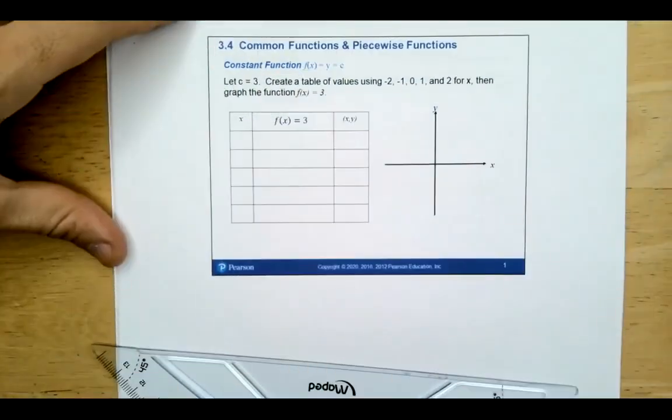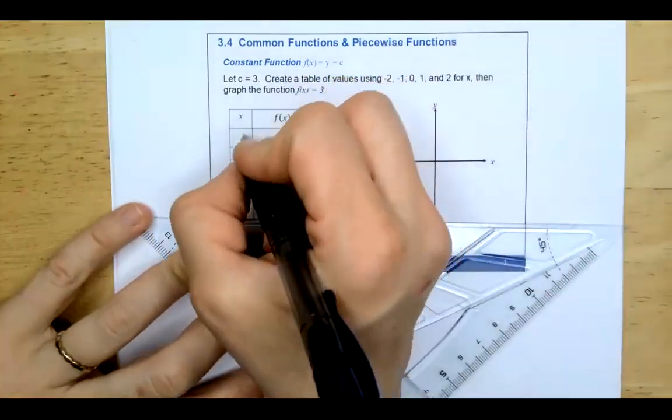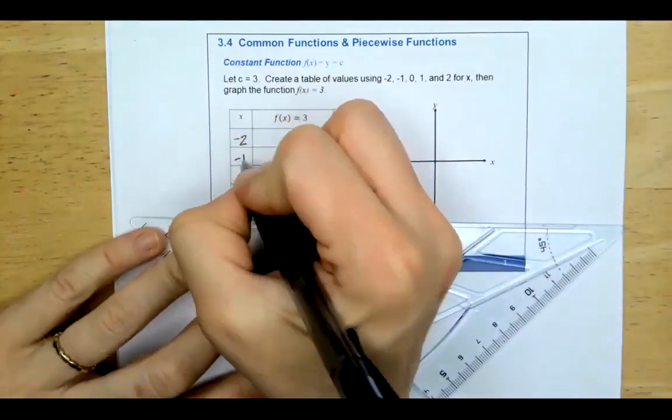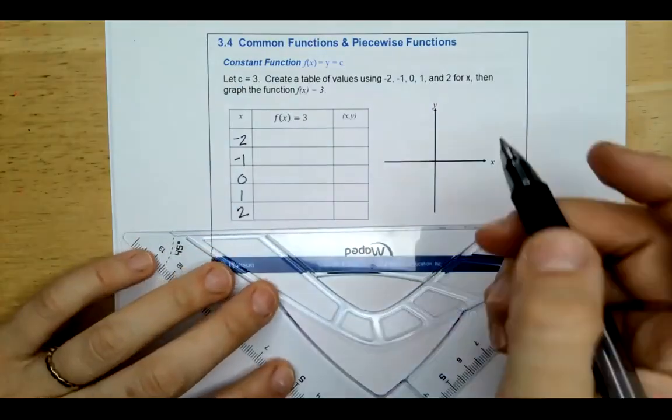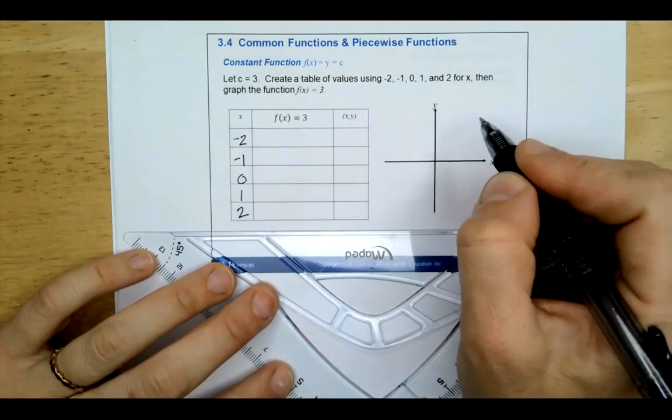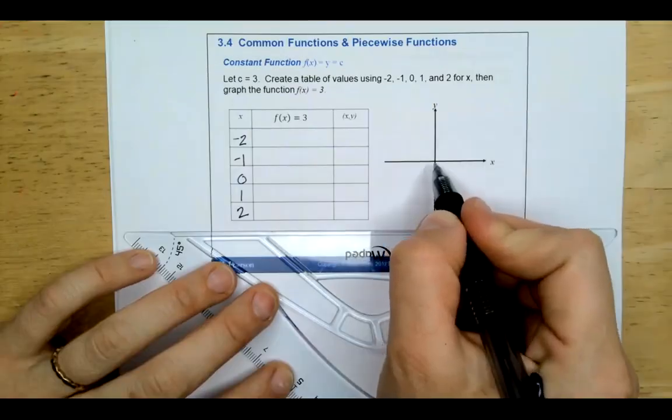Again, use Desmos if that's simpler. The numbers I'm going to try to stick to using are -2, -1, 0, 1, and 2. Because those are small numbers, you can graph them easily because they should be right along here, okay?